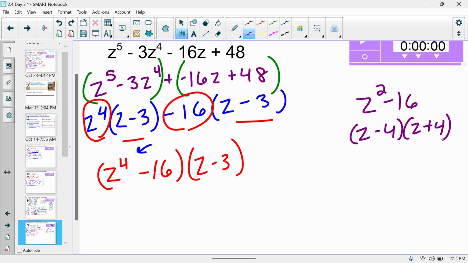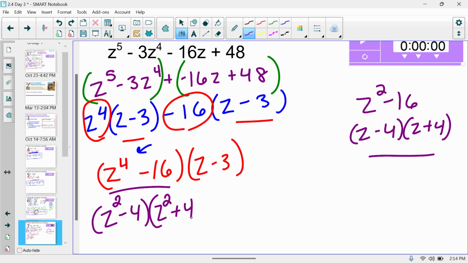So we learned yesterday toward the end of class that this thing here, even though it's not quadratic, not the same thing as this, we say that it has the same form as that. We say that it has quadratic form. So the answer to this is going to be very similar to this. It's just going to be z squared minus 4 times z squared plus 4.